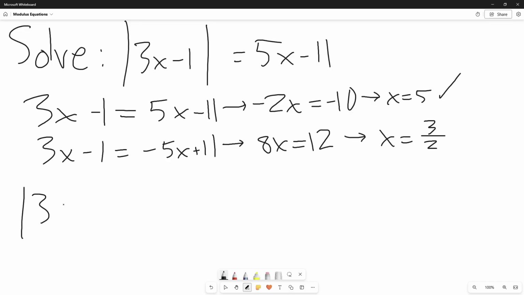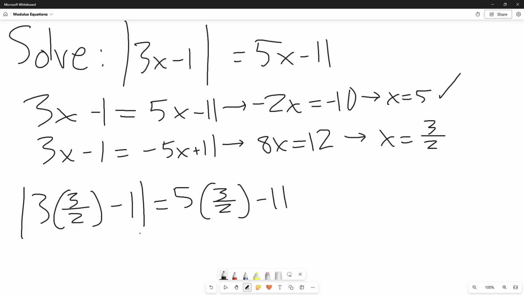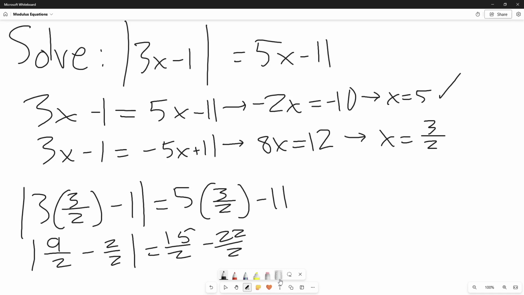So absolute value of 3 times 3 over 2 minus 1 is equal to 5 times 3 over 2 minus 11. I can change this into absolute value of 9 over 2 minus 2 over 2 is equal to 15 over 2 minus 22 over 2.